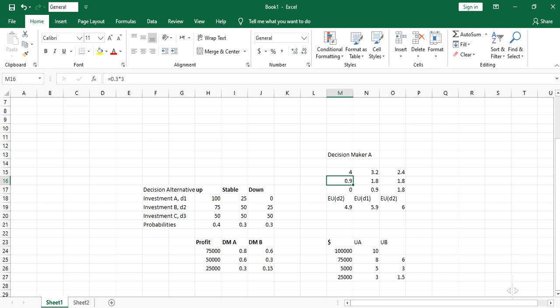As we said, the second step is to convert this table from monetary values to utility values. 0.3 multiplied by 3. See? 0.3 multiplied by 0. So we can add: 0 is 0, and 0.